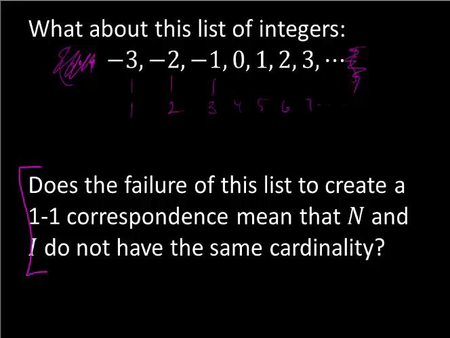Could you say, oh, well, therefore, they don't have the same cardinality? No. The failure of this list to create a one-to-one correspondence does not mean that the sets have different cardinalities. It just means that this correspondence is not one-to-one. Remember, two sets have the same cardinality if there exists a way to make a one-to-one correspondence. There just has to exist one. Many correspondences fail to be one-to-one.